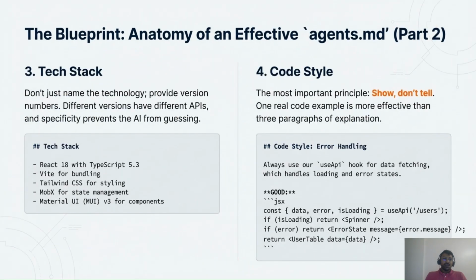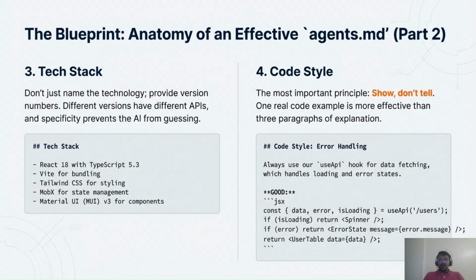Next is the tech stack, with the versions we are using. For the current project, we can consider React 18 with TypeScript 5.3, Tailwind for CSS styling, and Material UI version 3 for UI components. Whatever we are using, we need to specify those specific versions.